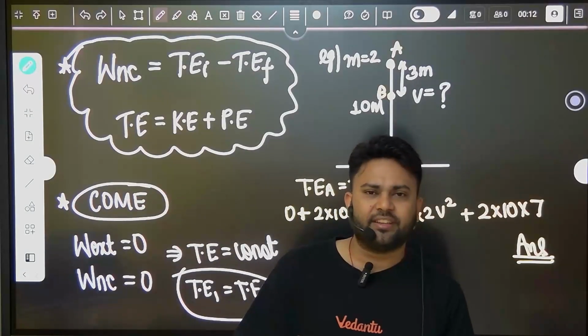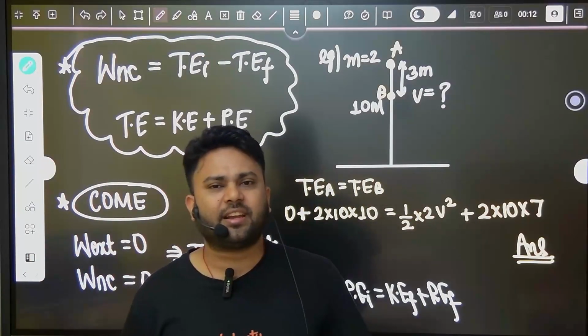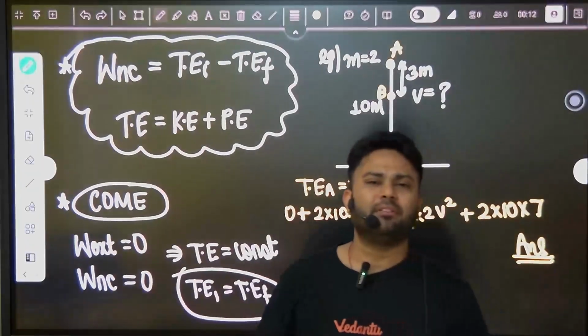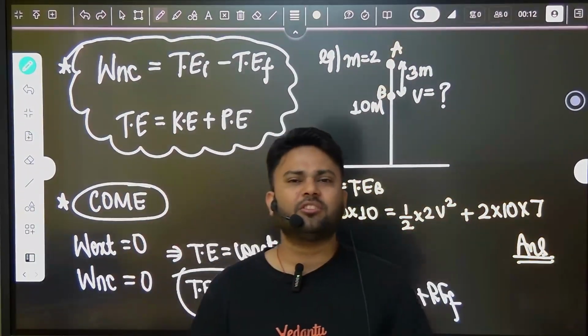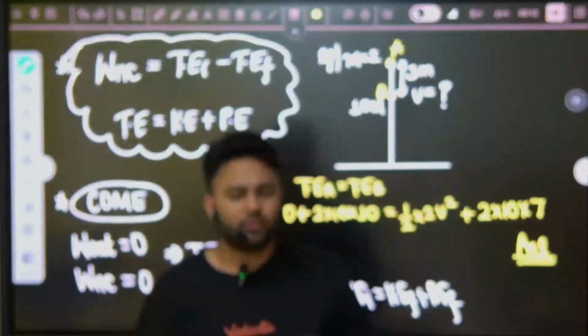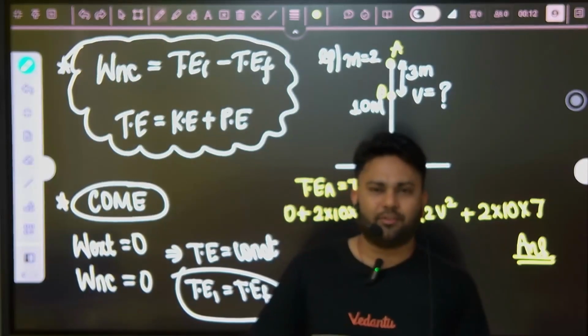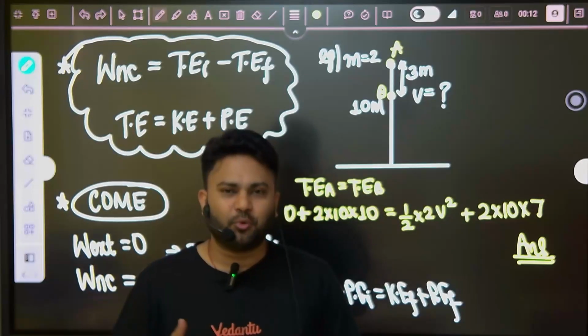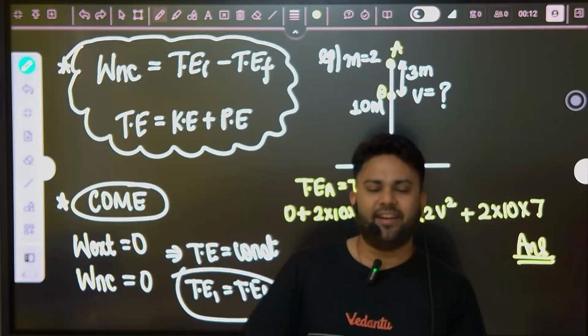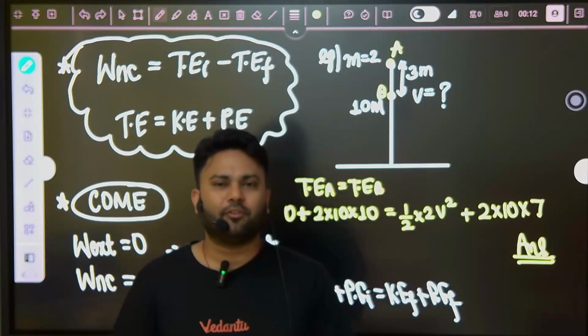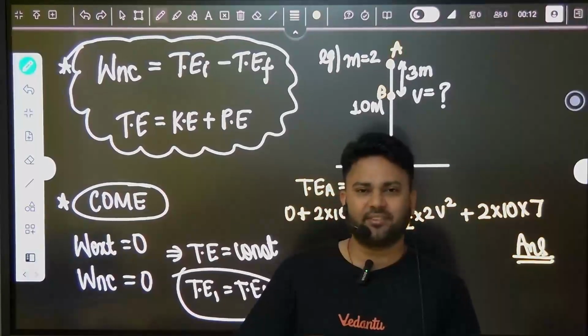I'm not saying that the entire chapter will be covered and all the questions will be solved, but sometimes we miss the concepts, we forget the concepts. If you see these lectures at 1.5x or 2x speed, it will be highly beneficial for you to revise the concepts. Okay.